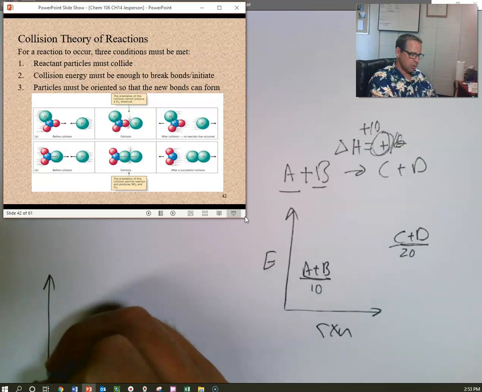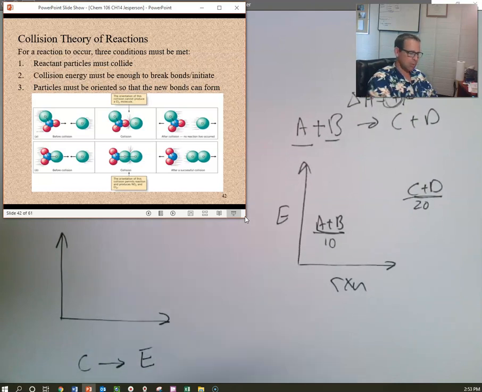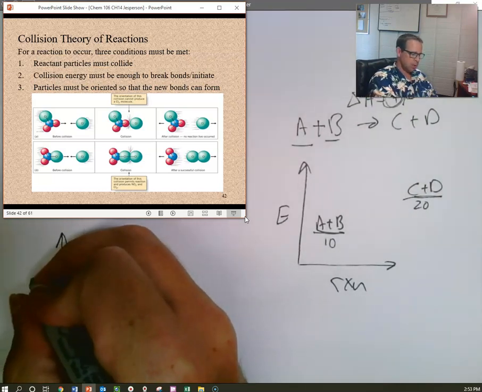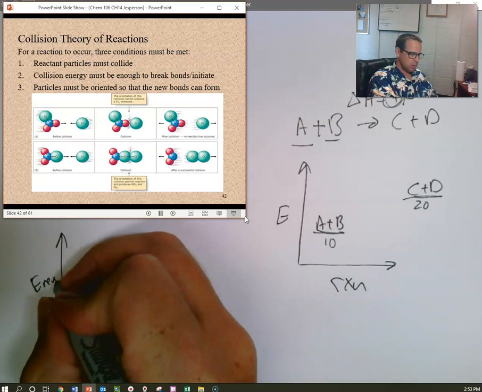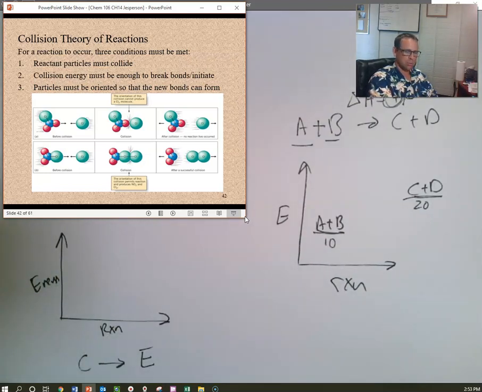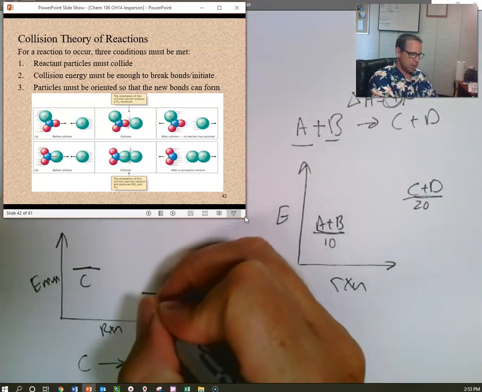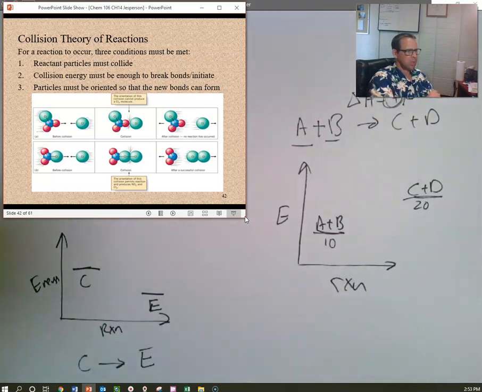All right? So if we look at a different chemical reaction here, C going to E, for example, again, we have energy, and we have the reaction proceeding to the right here. If C is here and E is down here, then who has more energy, Camille?